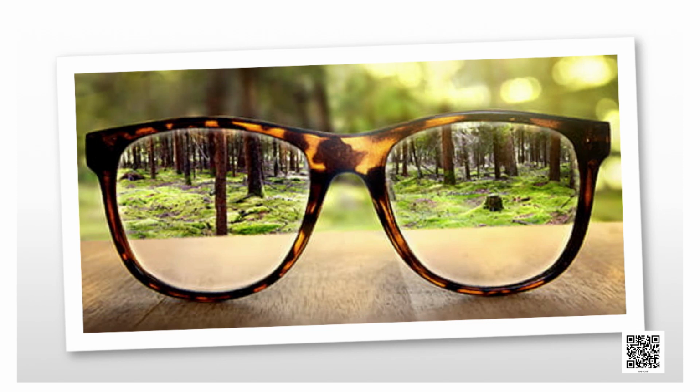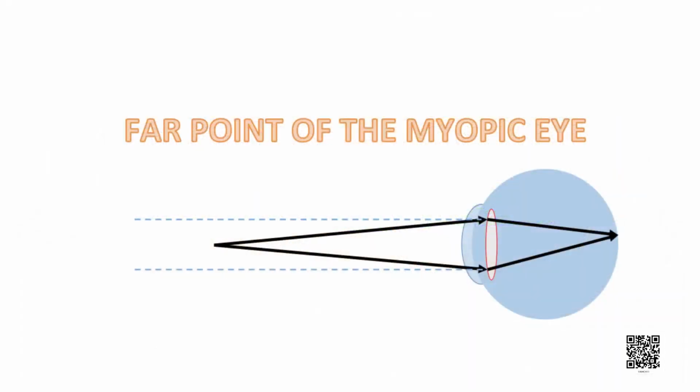Now, a person with myopia can see the nearby objects clearly, but cannot see the distant objects distinctly. A person with this defect has the far point nearer than infinity, which means that such a person may see clearly up to a distance of few meters.